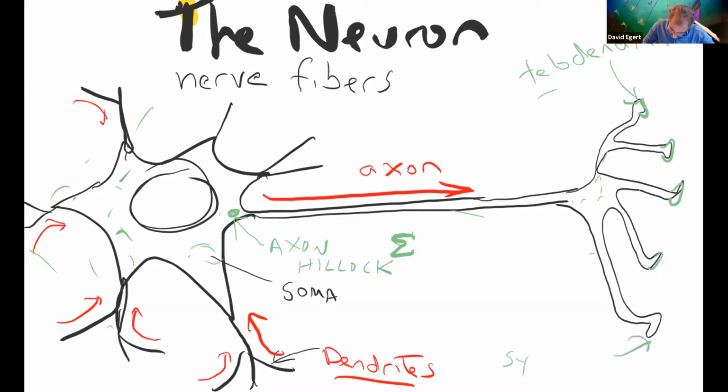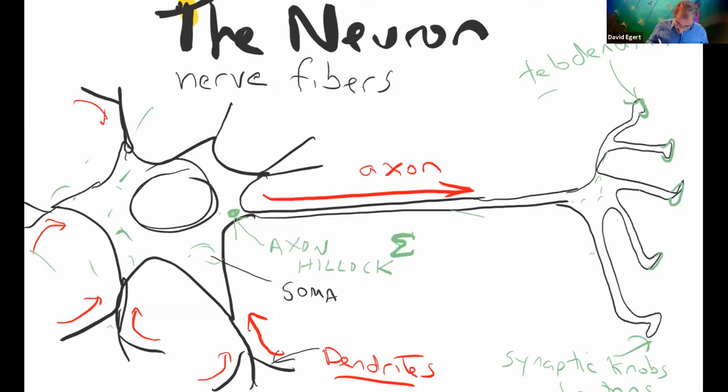These can be called synaptic knobs, or what I tend to like to use is boutons. Boutons is just the French for little buttons. These are what make the synapse with the next neuron, or sometimes a muscle, a target. We'll talk about these in much more detail when we talk about synapses, how one neuron talks to the next neuron. So we'll come back and meet the boutons in more detail.